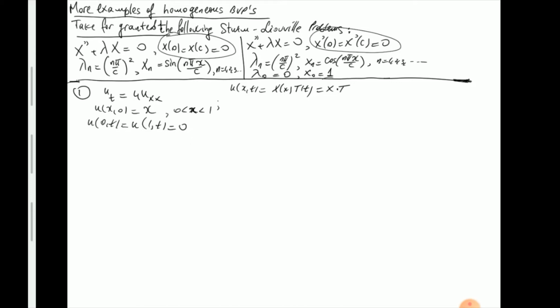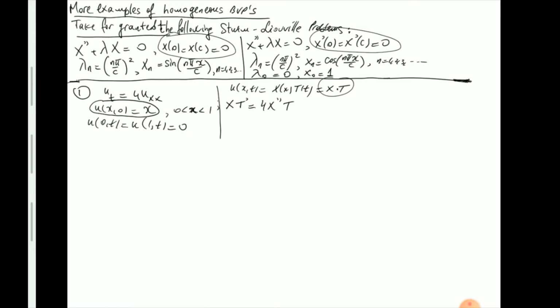And then plug the product form into the full problem on the left. So on the left side, we're going to have X T prime equals 4 X double prime times T. We can leave the initial condition aside, because we know already that this will be dealt with after we use the superposition principle.